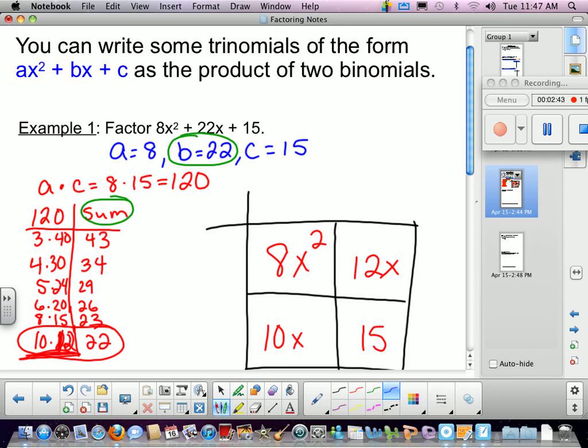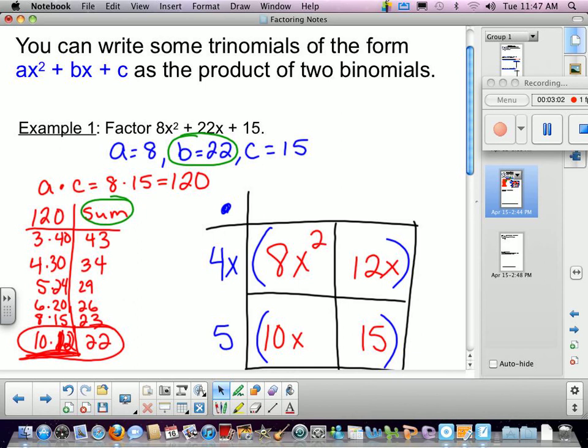Now I'm going to work backwards. I look at this and ask, what is the greatest common factor between 8x squared and 12x? That would be 4x. Then I do the same thing at the bottom, 10x and 15. The greatest common factor would be 5. Then I go the other way and ask, what is the greatest common factor there?